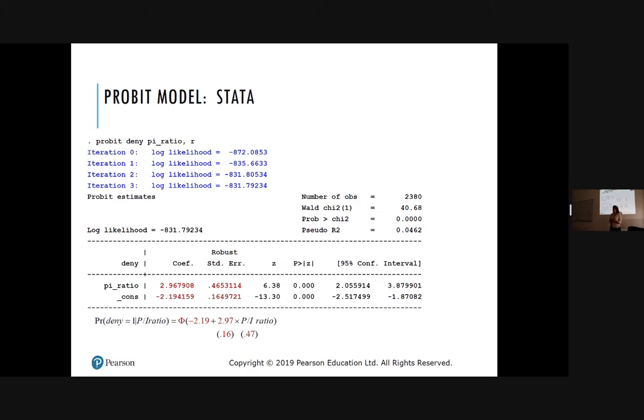So while before with the OLS, if you remember, we were searching for the values of beta 0 and beta 1 which minimized the sum of the squared errors, so the difference between the observations and what we predicted.